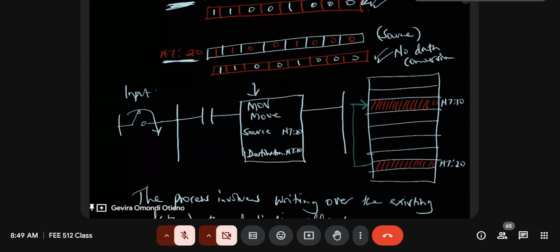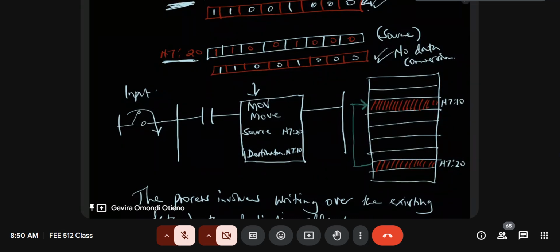But in other cases, which is what is most common in the industry, you will find that there's a set of instructions that must be executed first, before the move operation. So when you're coming up with your ladder diagram, you might find that you need certain input conditions that must precede the move command. But otherwise, you can also just use the move command as is.